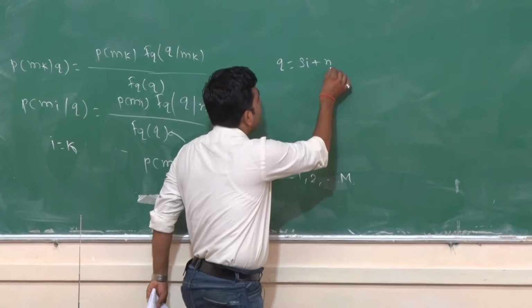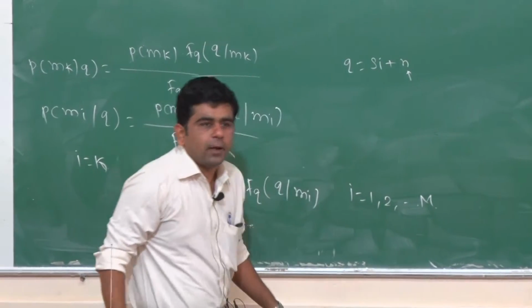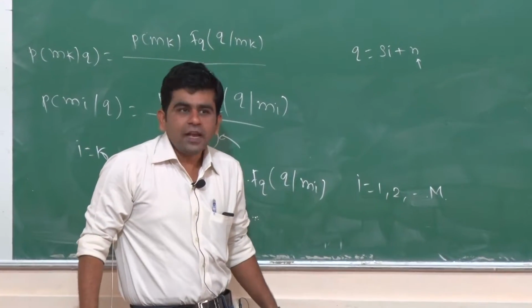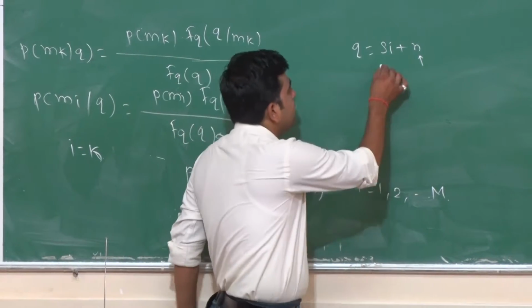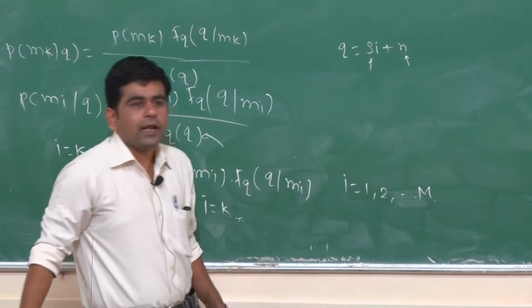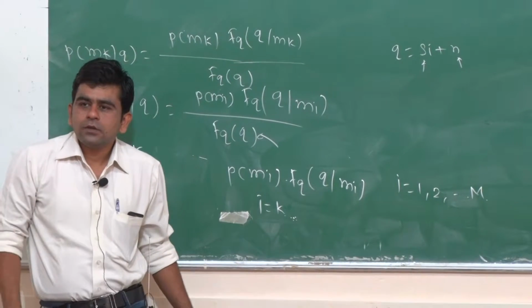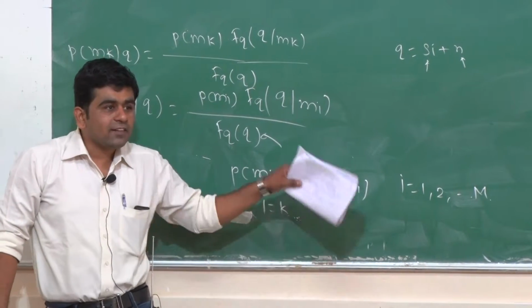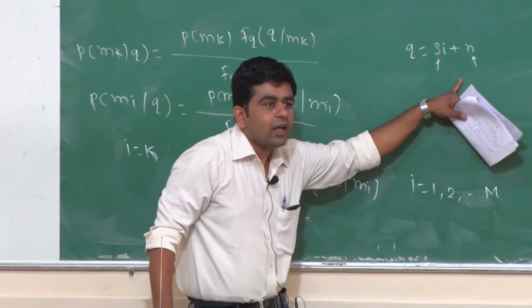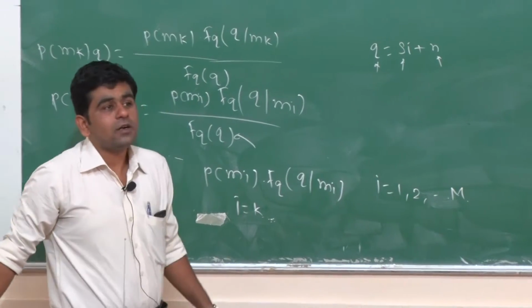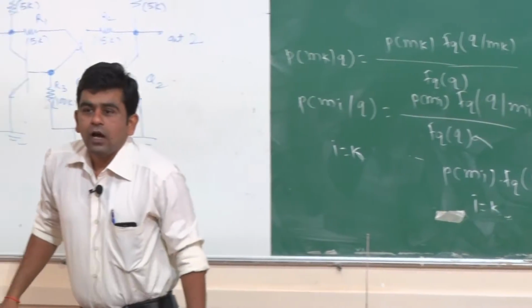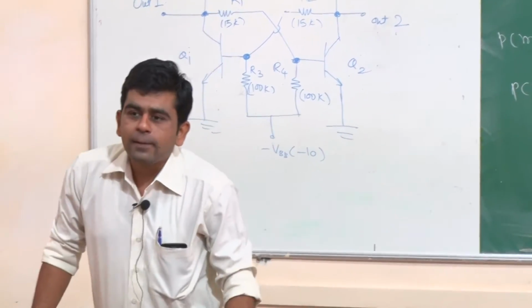Here we can see that n is a random variable, or random point. Is si a constant value? Yes, si is a constant value. n is a random point. So finally this q, is it a constant or a random variable?